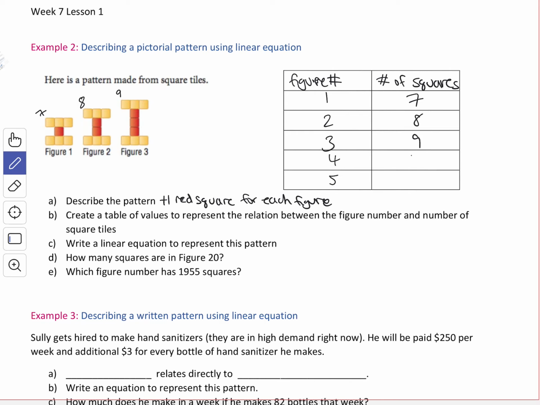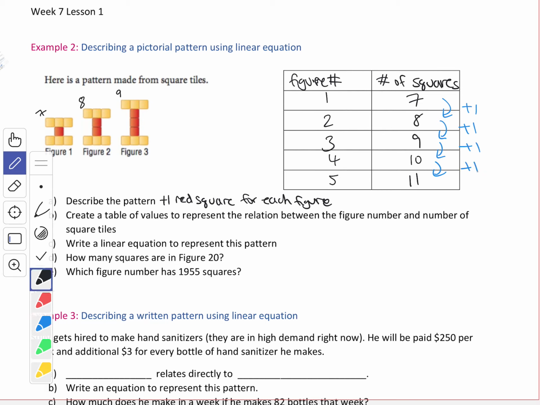Figure 1, 2, 3: 1 had 7, 2 had 8, 3 had 9, so if I keep going, it looks like it's just going to increase by 1 every time. Okay, and now I have to write a linear equation to represent this pattern. So again, every time it goes up by 1, so 1 is going to be our coefficient.